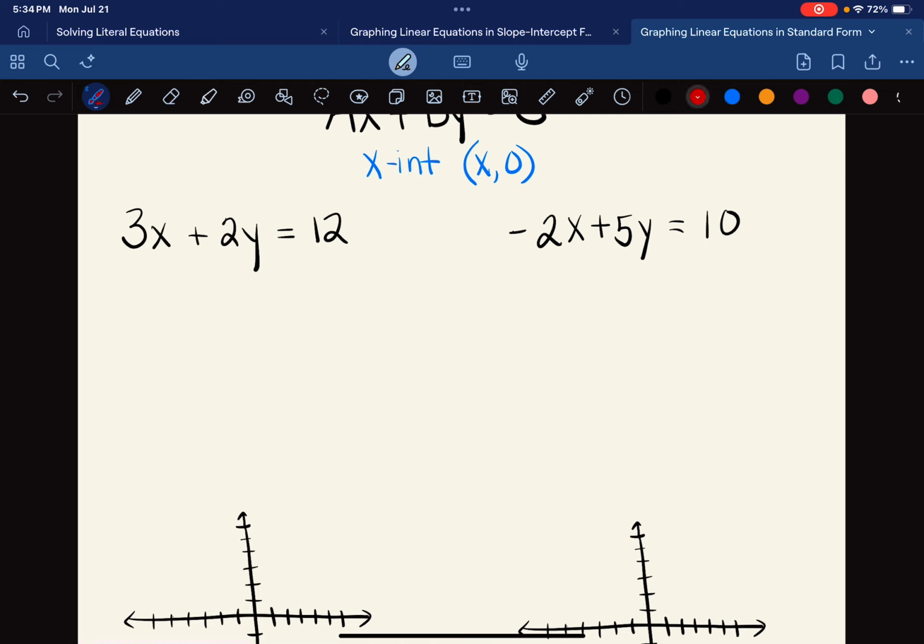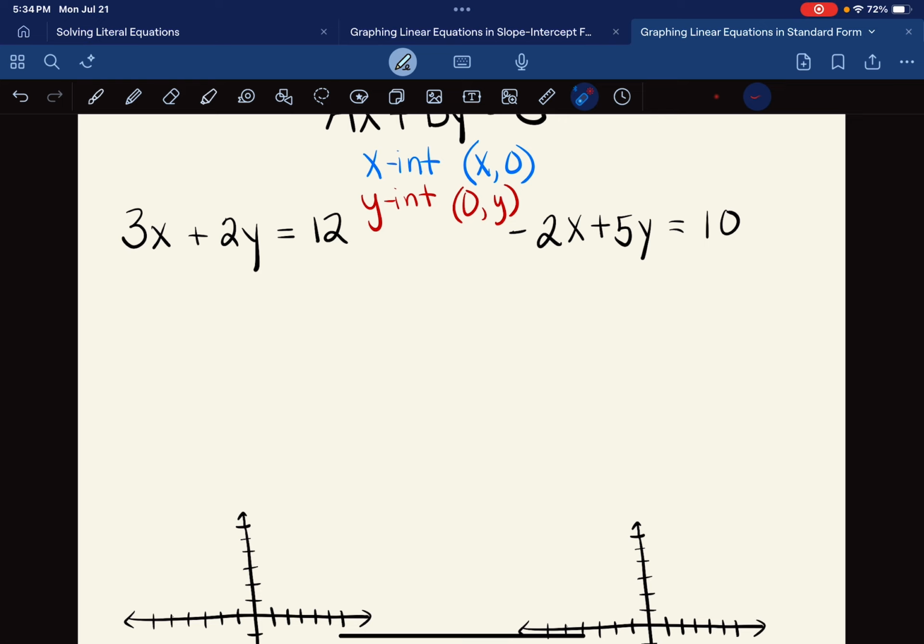Now, a y-intercept is very similar. That is just where our graph crosses the y-axis. And if we have a point on the y-axis, that means the x value has to be 0. So every single x-intercept is going to be written in the format of x comma 0, and every single y-intercept will always be 0 comma y.